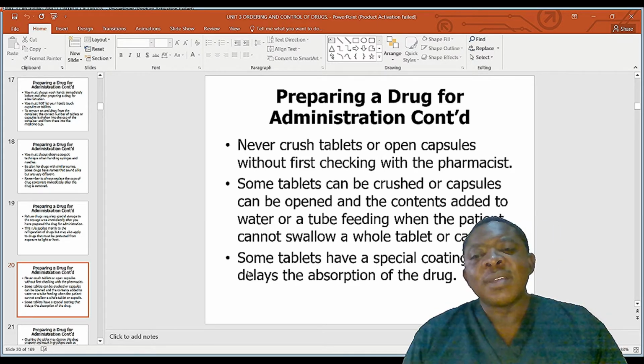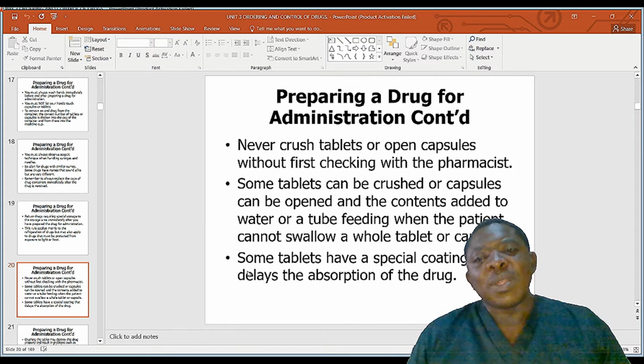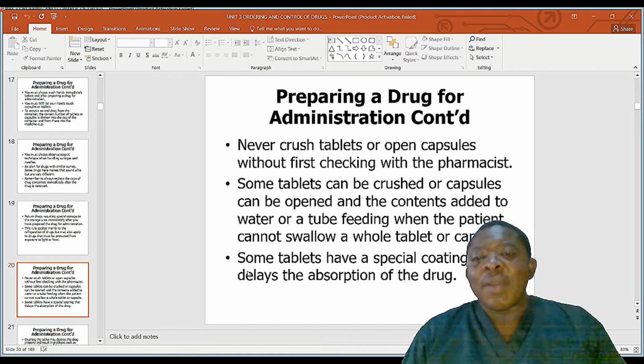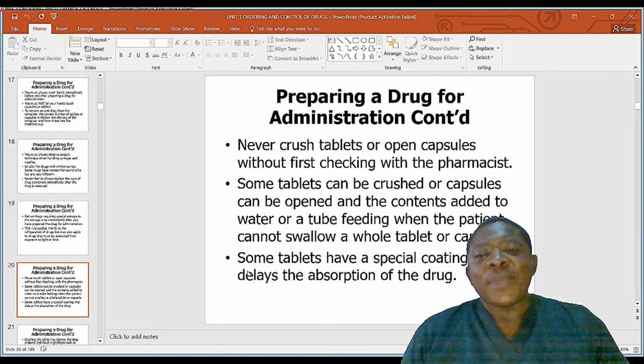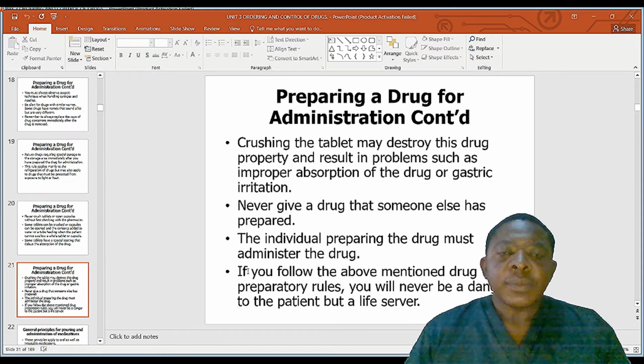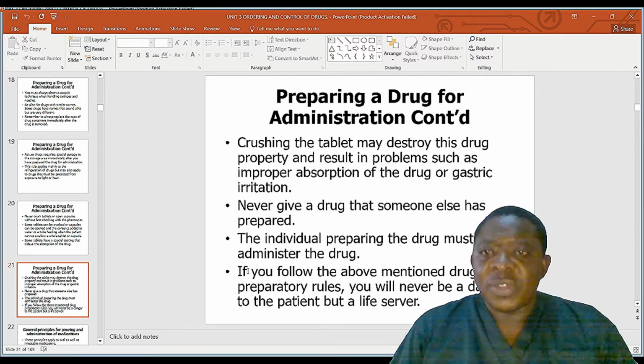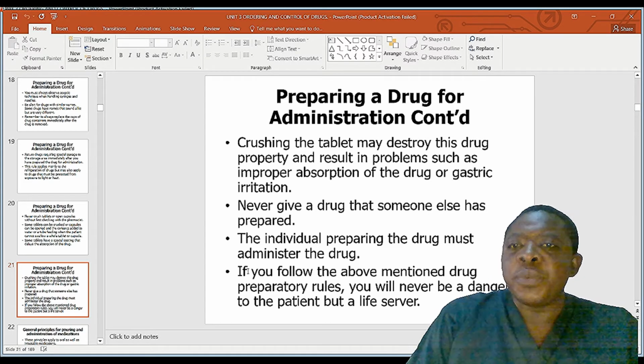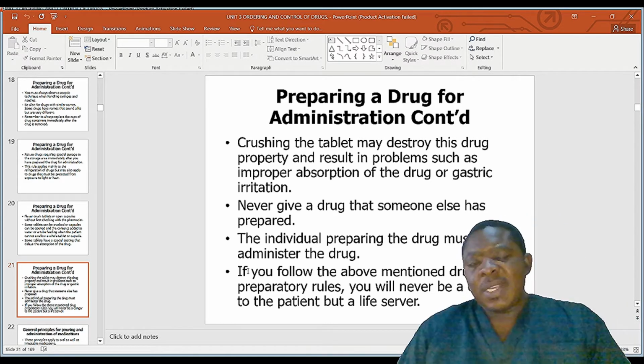It means when you take the drug, it will easily be lost within the gastric acid and it will not be absorbed. So that's why you need to know that some drugs are coated. Crushing the tablets may destroy the drug's properties and result in problems such as improper absorption of the drug or gastric irritation.